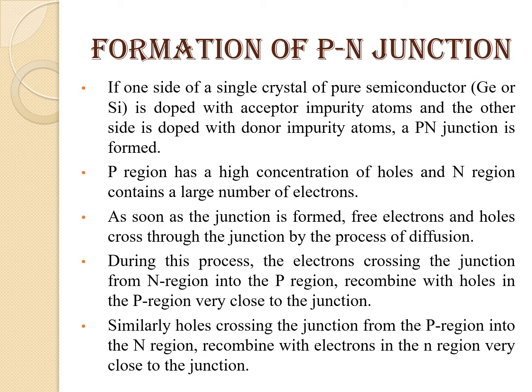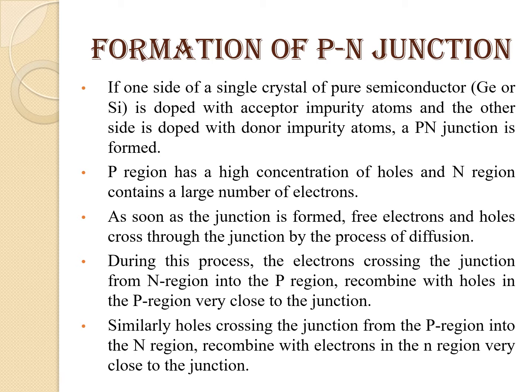Formation of PN junction. If one side of a single crystal of pure semiconductor, germanium or silicon, is doped with acceptor impurity atoms and the other side is doped with donor impurity atoms, a PN junction is formed. The P region has a high concentration of holes and the N region contains a large number of electrons.